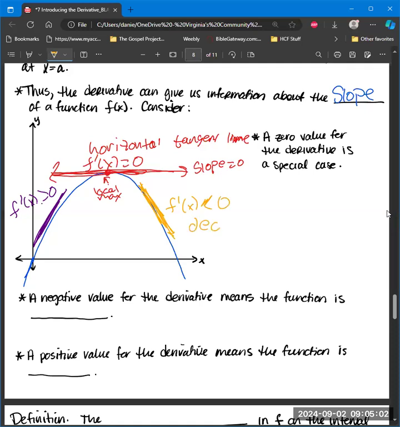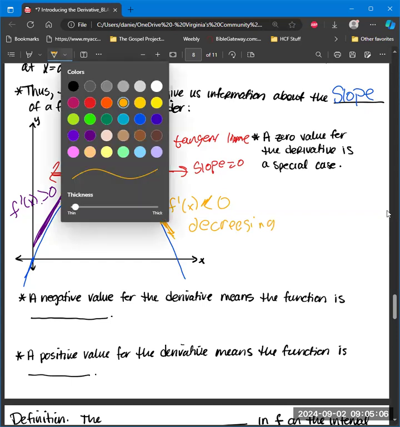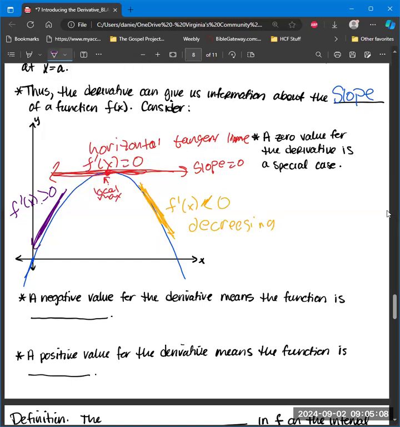So we're decreasing over here, and we're increasing over here. And somewhere between increasing and decreasing is this 0 point that we're interested in. And that's possibly going to give us an extreme value.